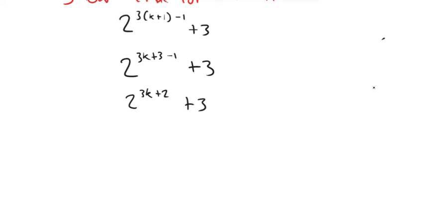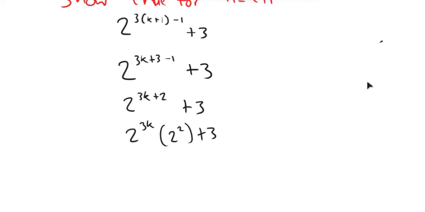Now I can split this 3k plus 2 up into 2 to the power of 3k times 2 to the power of 2, plus 3. And then I can go back to my assumption.